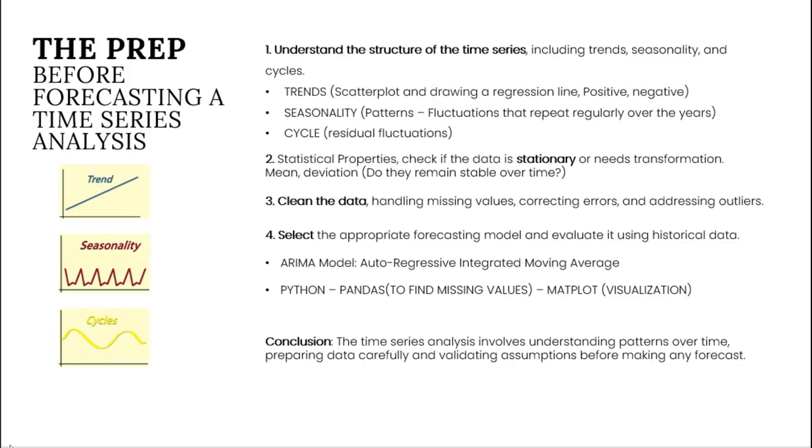This model is implemented in Python using the Pandas and Matplotlib libraries. As a conclusion, time series analysis involves understanding patterns over time, preparing the data carefully, and validating assumptions before making any forecast.